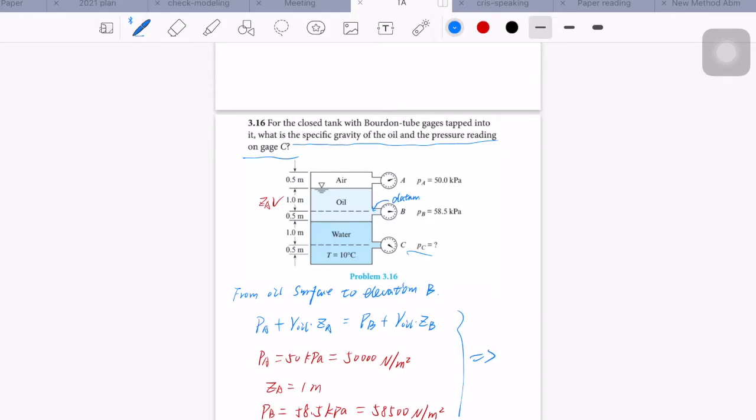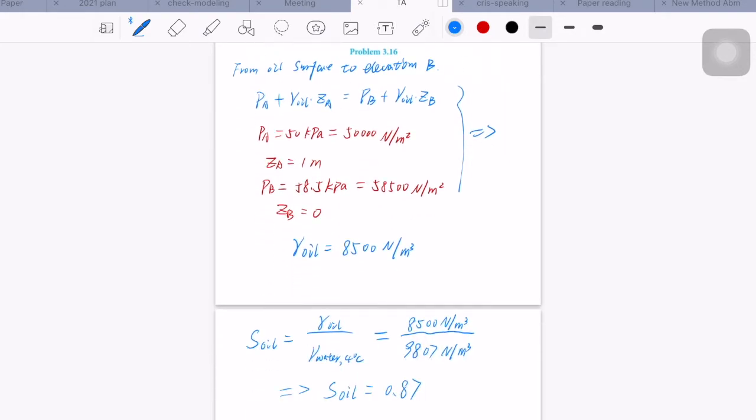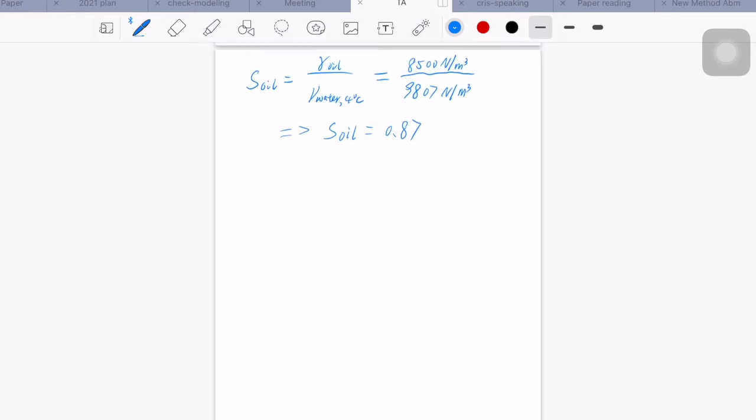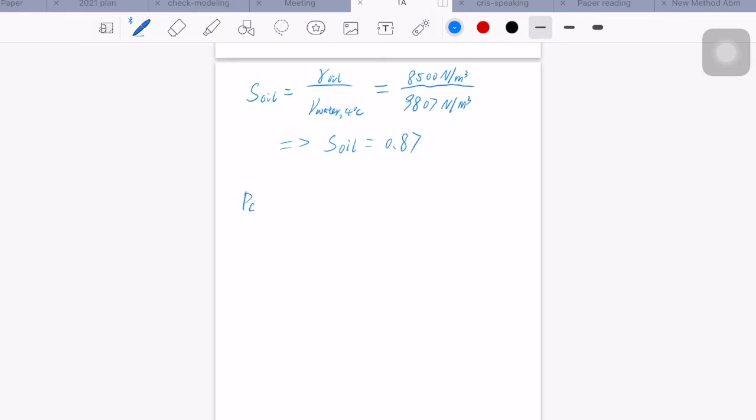And now we assume that the datum is surface C. And we know the PC should be equal to the pressure at the bottom of oil plus gamma water times ZC.